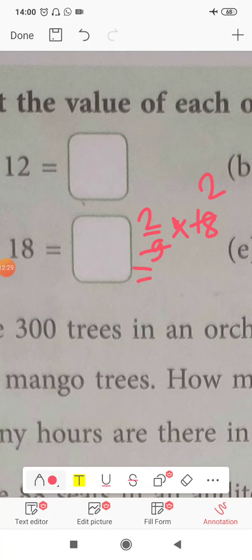Means you will divide 18 by the denominator if it is divisible. So 2 multiplied by 2 equals 4. You can do it like this also. So the answer is 4. Or you can multiply the numerator then divide by the denominator. That also you can do. It is up to you which one is easier for you.